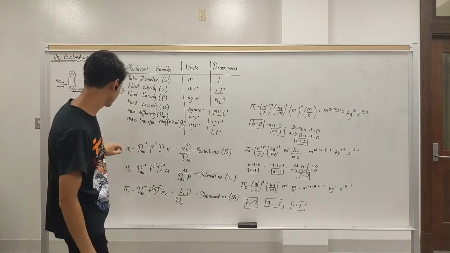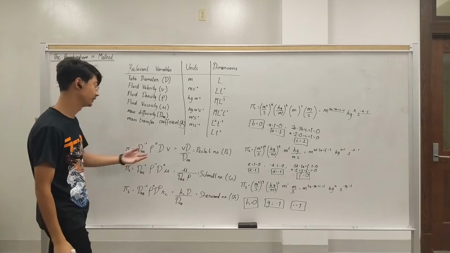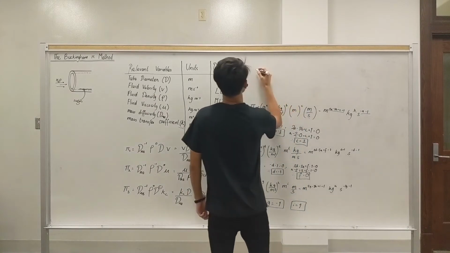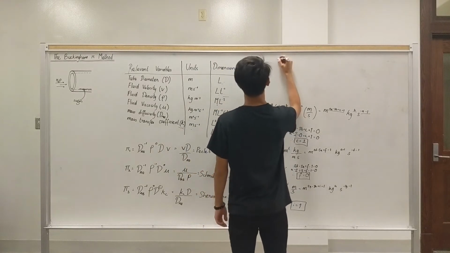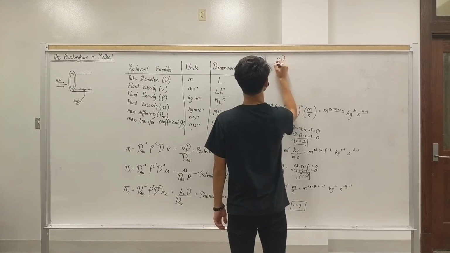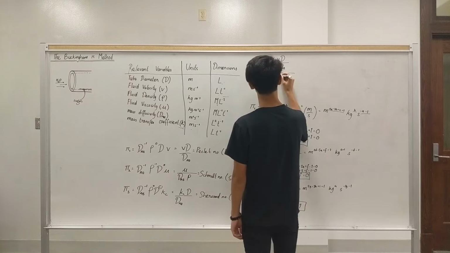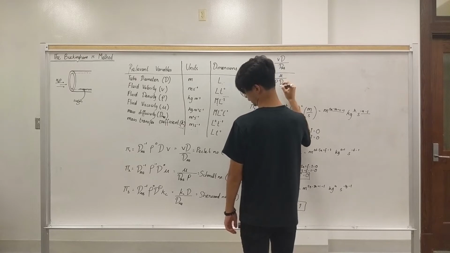So now let's try and divide the first two dimensionless groups, the Peclet number and the Schmidt number, and see what result we get. So pi 1 divided by pi 2. Pi 1 is velocity times diameter divided by the mass diffusivity constant, and pi 2 is viscosity divided by density times the mass diffusivity.